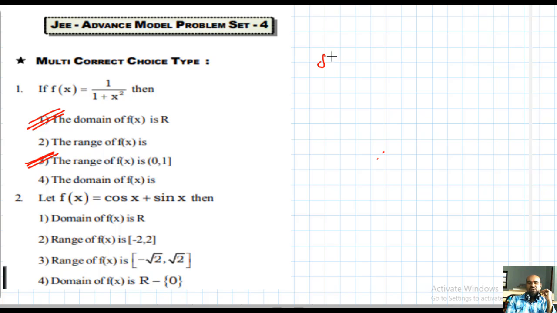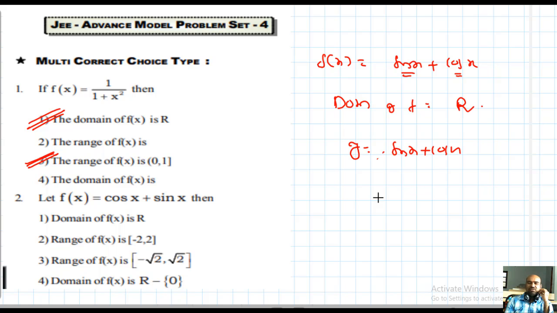Yeah, in the second problem, f of x equals sin x plus cos x. First of all, I want the domain of f. It is a simple function: the domain of the sin function is all real numbers, the domain of the cos function is all real numbers, the intersection is all real numbers, so the domain is all real numbers. Okay, now we want to find the range. y equals sin x plus cos x.